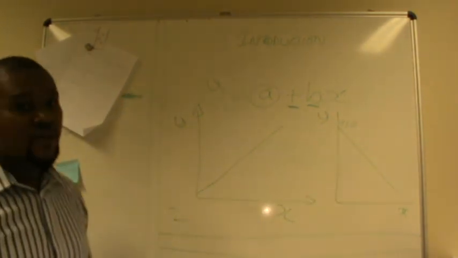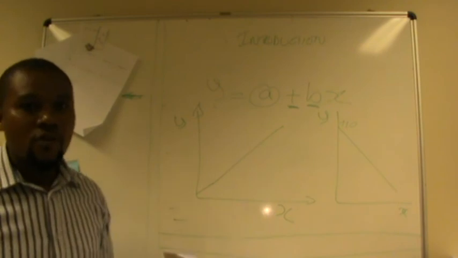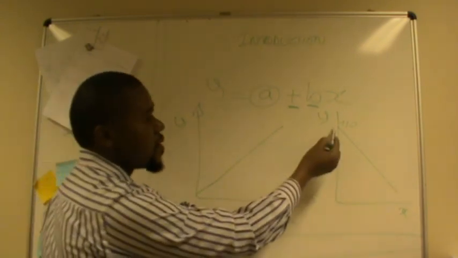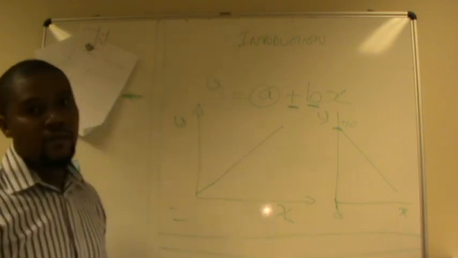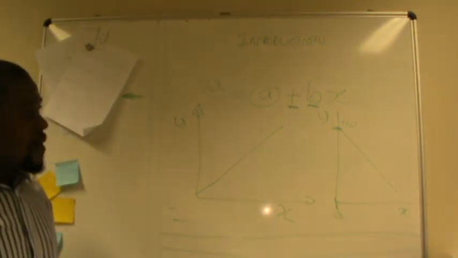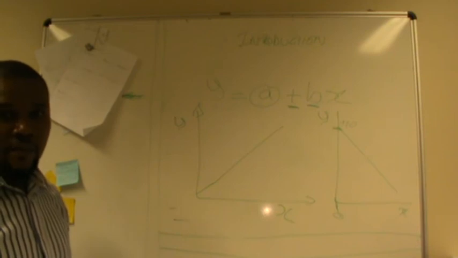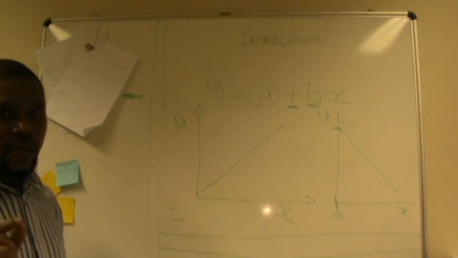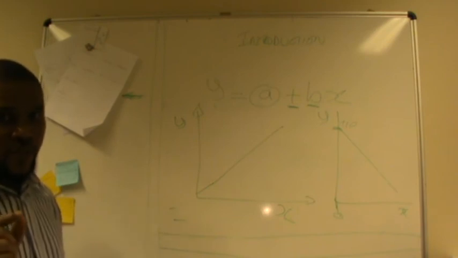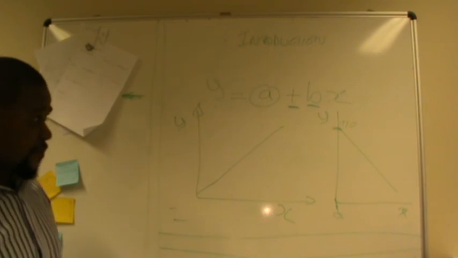And it just tells you what the value of y is when x is 0. And those are the most important concepts or variables that we are interested in when we're looking at relationships between two variables in economics.